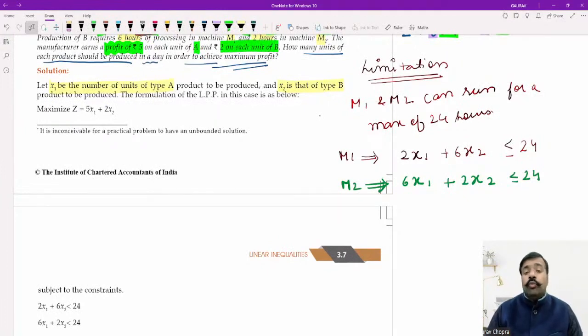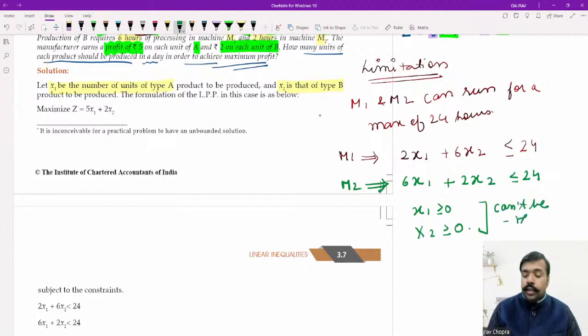Now we have to put the non-negative constraints. What does that mean? Since we are talking about production, can production become negative? No, not at all. That means x1 will be greater than or equal to 0, and x2 will also be greater than or equal to 0, because production cannot be negative.